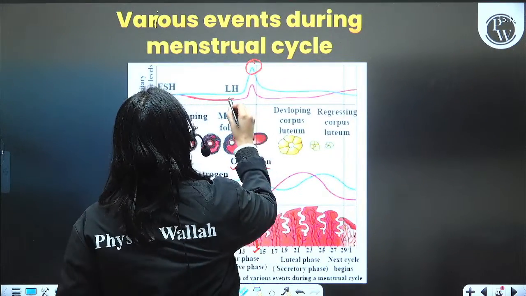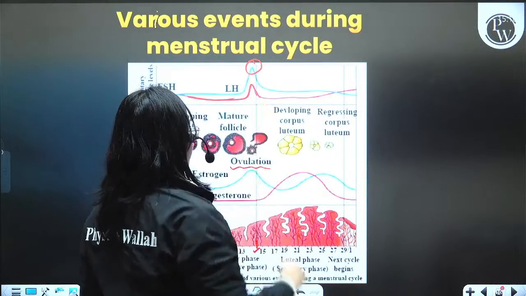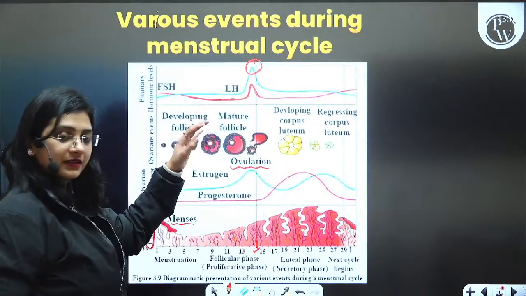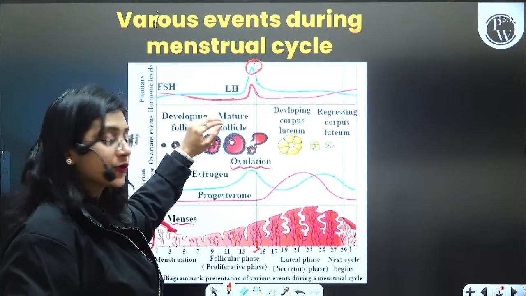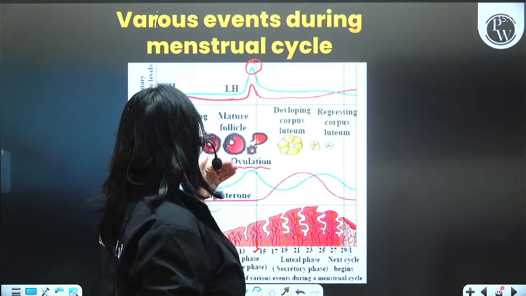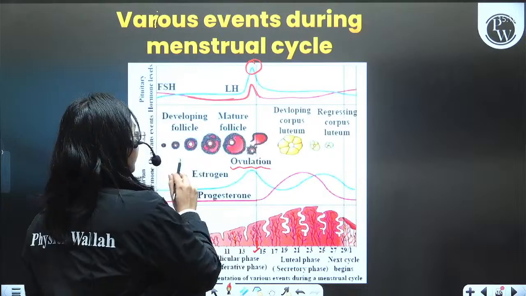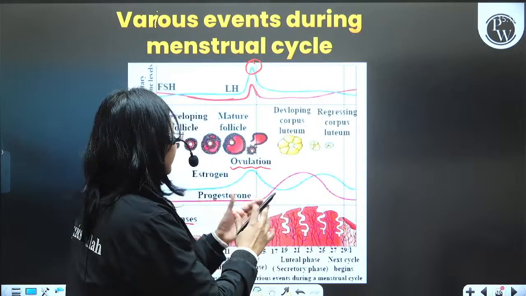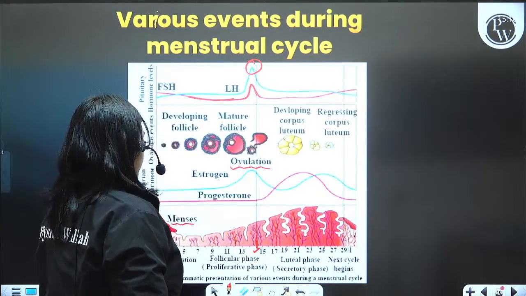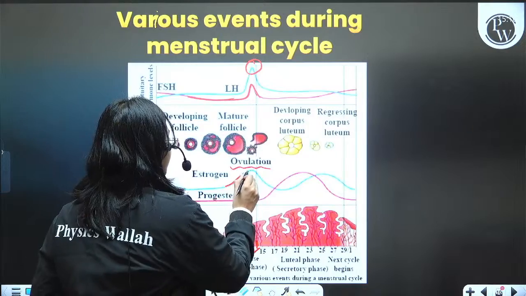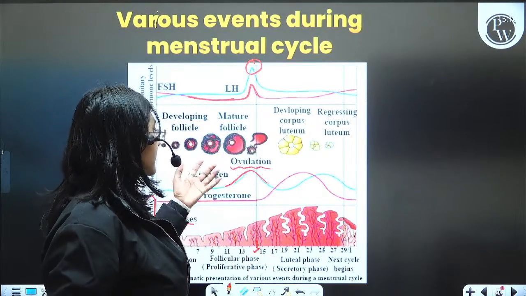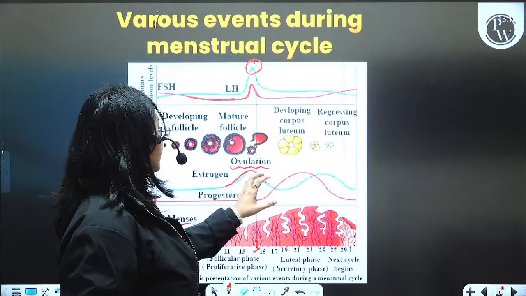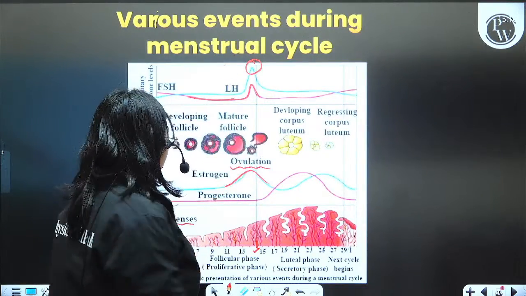And FSH also will be produced at a peak, but compared to LH, FSH would be produced in a little less quantity. And then in the ovary, you get to see rupture of the Graafian follicle to release the ovum. And estrogen is maximum during this time. Why? Because the follicles will be producing estrogen, so it will be maximum during the ovulation phase.